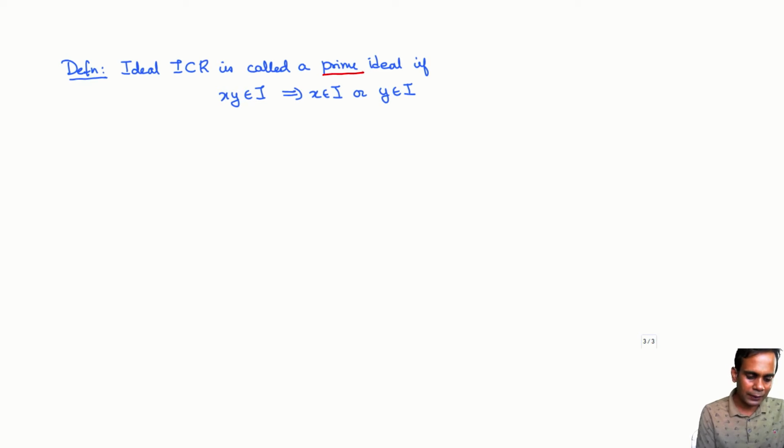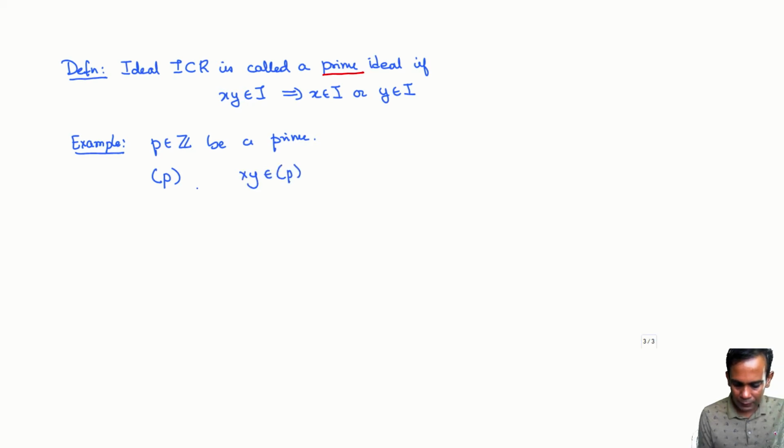Why is this called a prime ideal? It has to do with prime numbers. So in the integers, let p be a prime. Then consider the ideal p. So if xy belongs to p, so this is just the multiples of p, positive and negative multiples of p, if xy belongs to p, then this is the same as saying that p divides x times y.